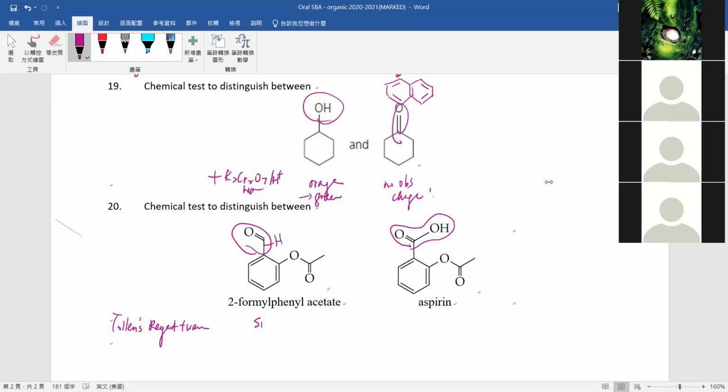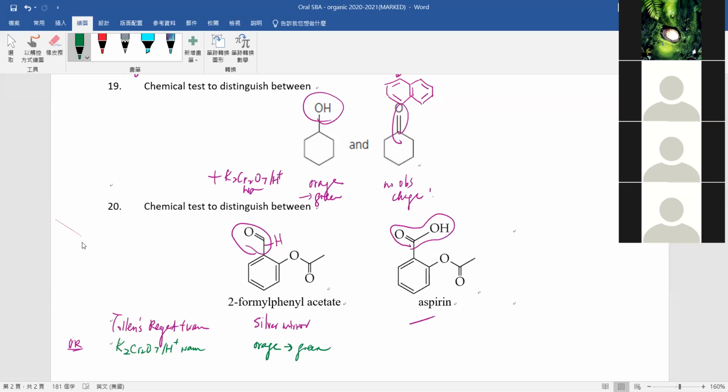You may get the silver mirror and no observable change, or you use another method: K2Cr2O7, acidify and warm it. You look for the color change.